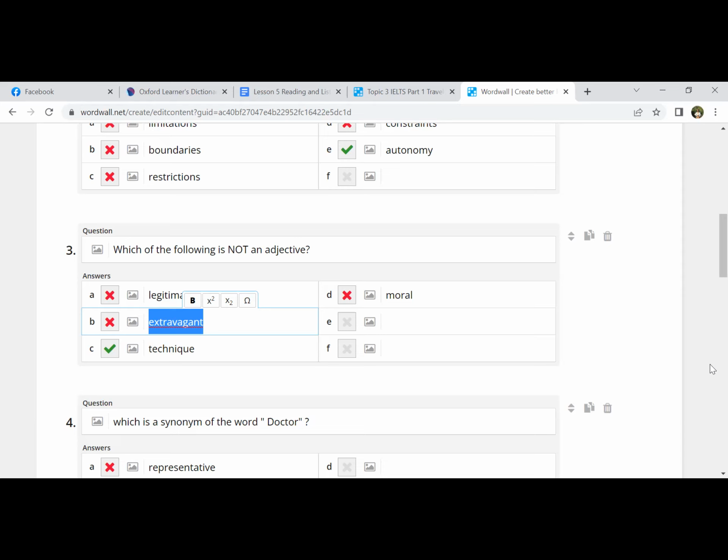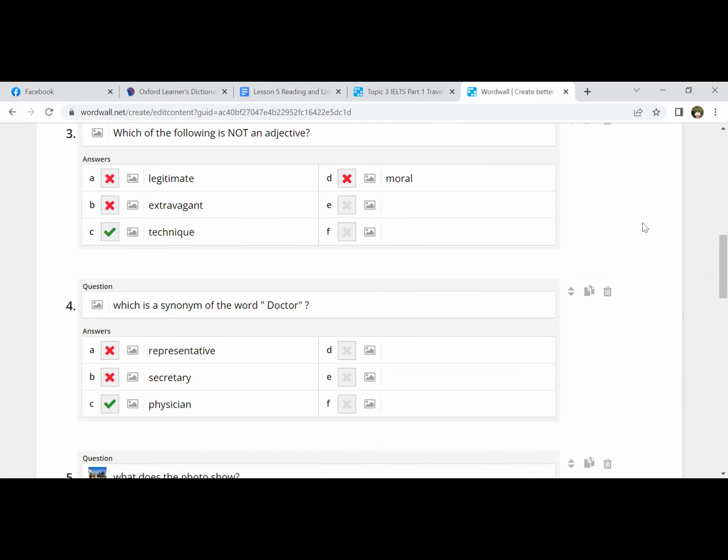Exactly. So the word extravagant, everybody, means something that's very expensive and luxurious and not necessary. Thank you, Phong, and let's move on.